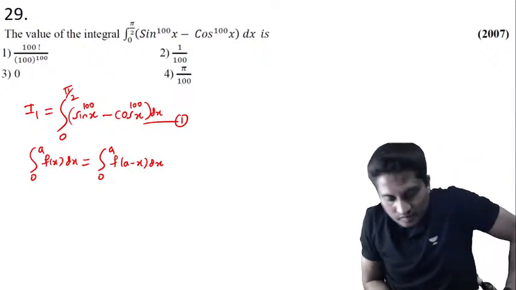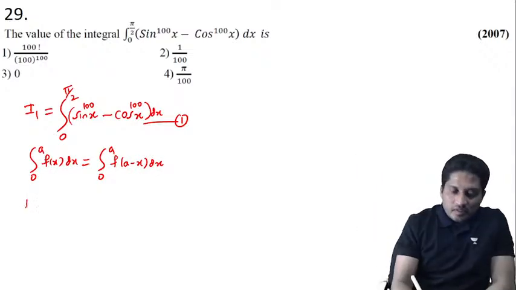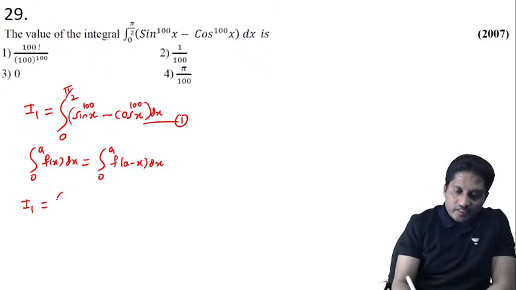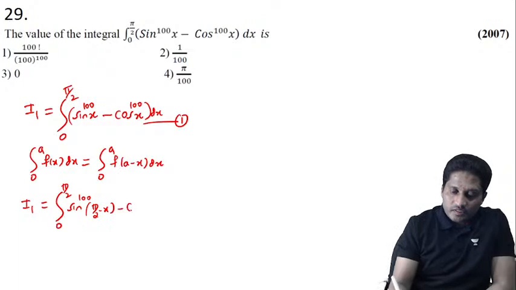So this becomes I1 is equal to integration 0 to pi by 2 of sin to the power of 100 of 90 minus x, minus cos to the power of 100 of 90 minus x.